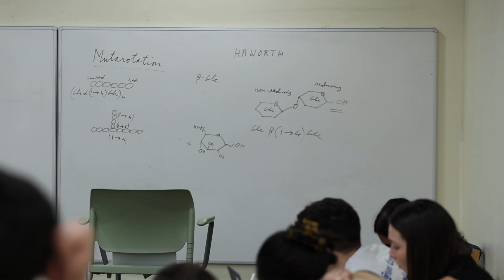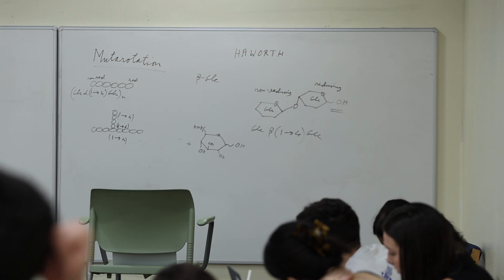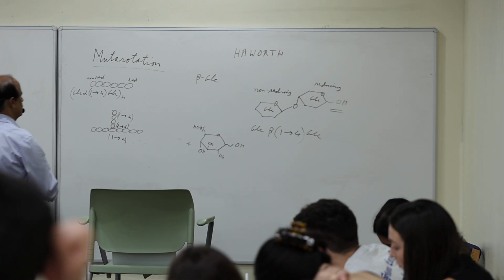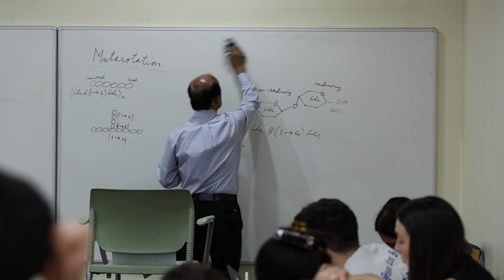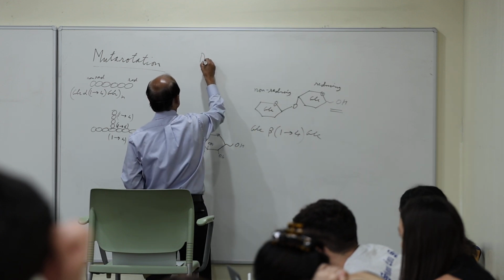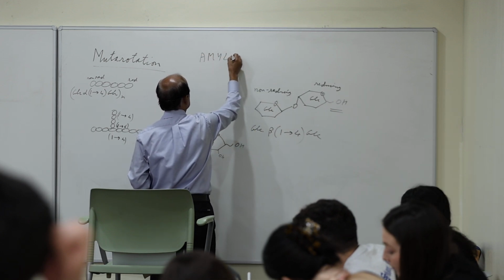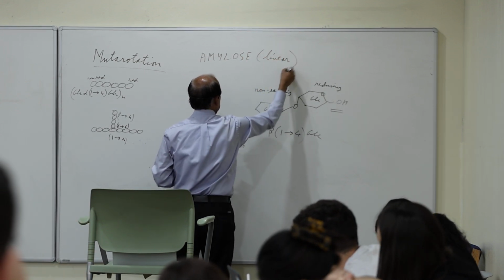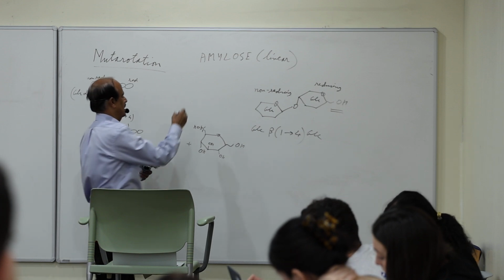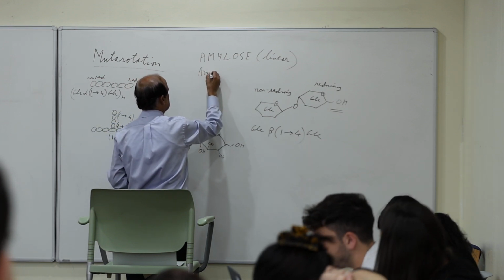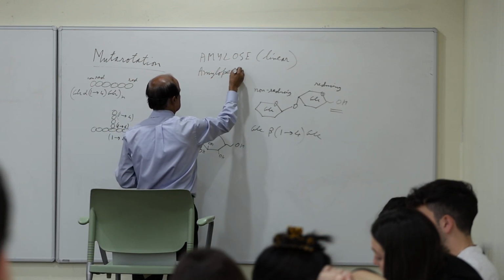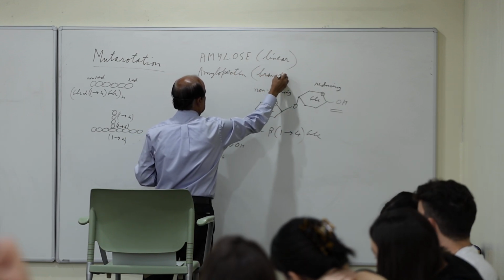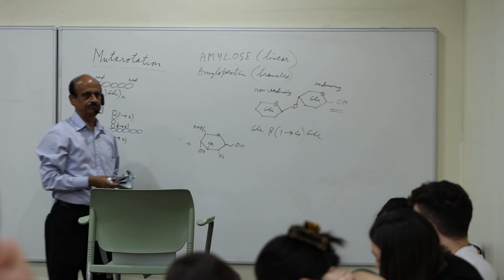And that's what starch is also. Starch is a branched polymer. Starch consists of 2 polymers. One is called amylose, which is linear, and amylopectin, which is branched.